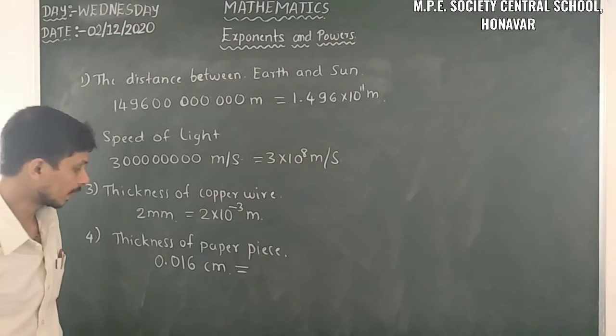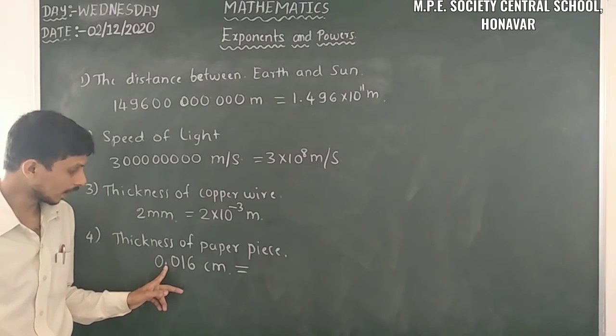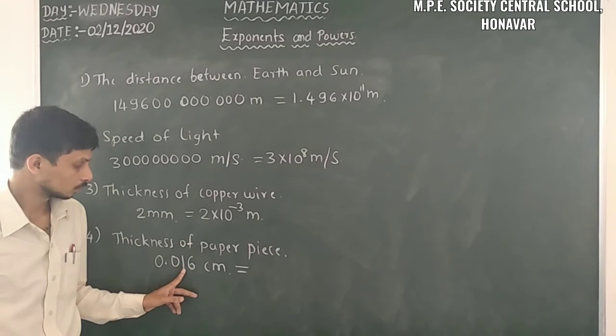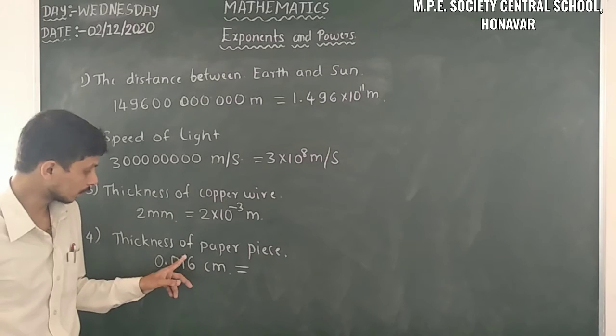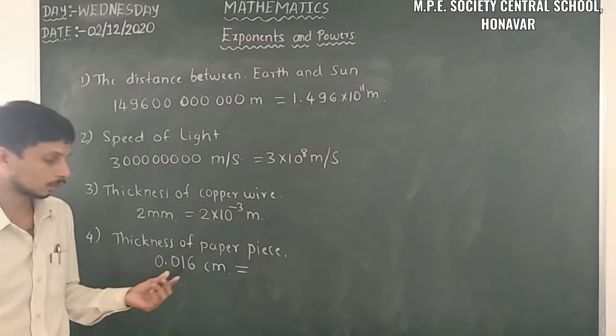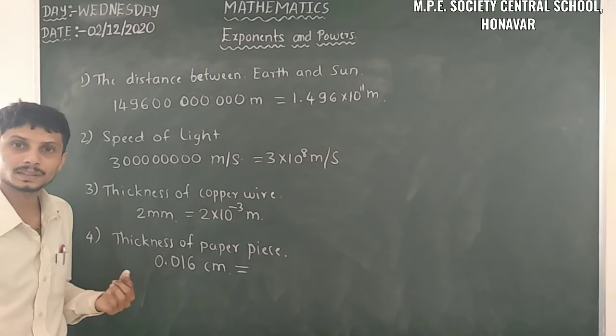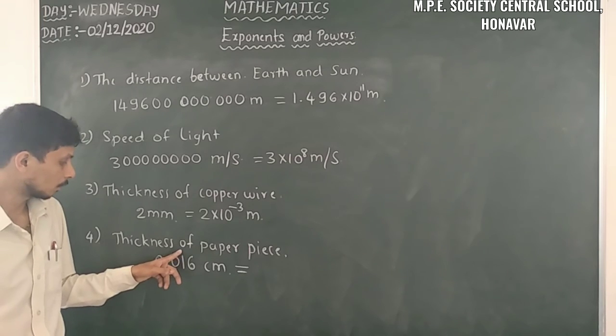So let us convert. Here we have a decimal point. We have to jump like this: 1, 2, or 3, 16. It comes 16. You can pass the 6 after the decimal point, or you can pass 1 after the decimal point, whatever. I will pass only 1 after the decimal point. 1, 2.